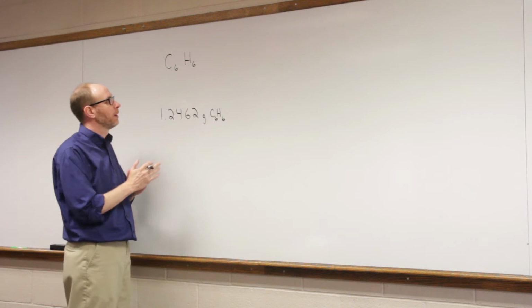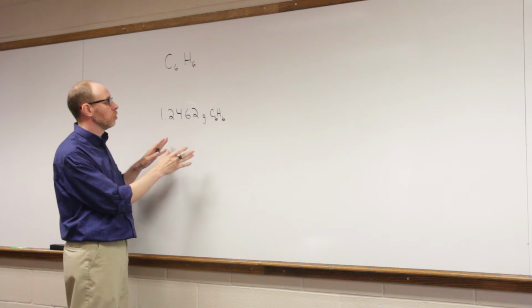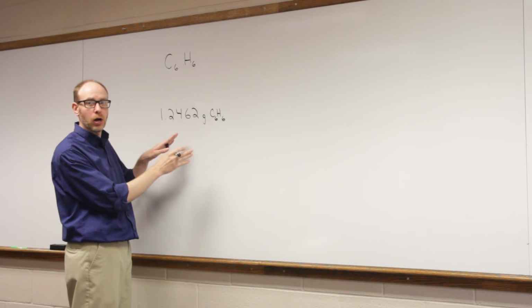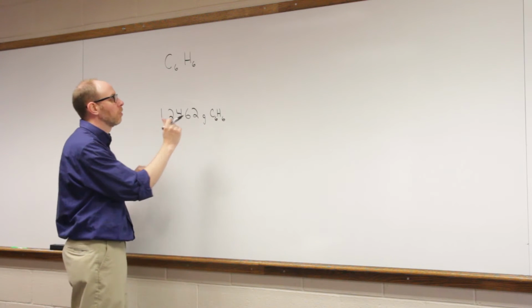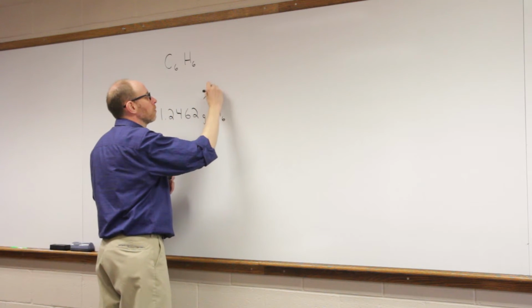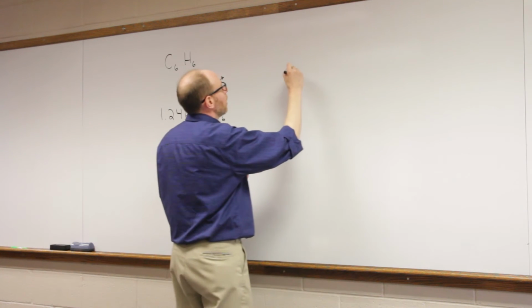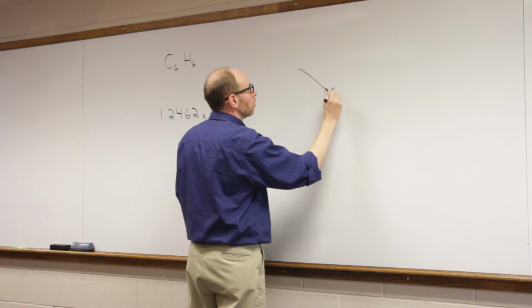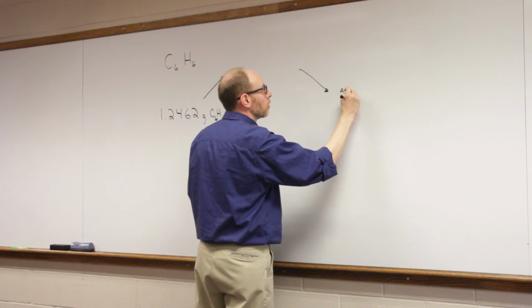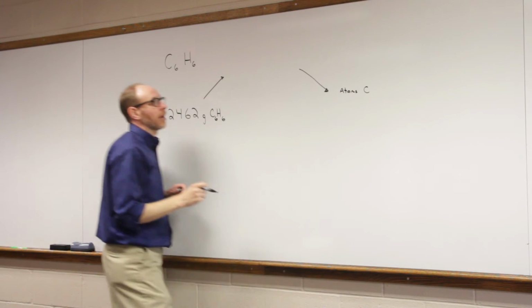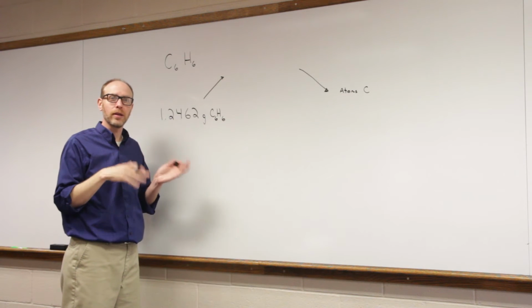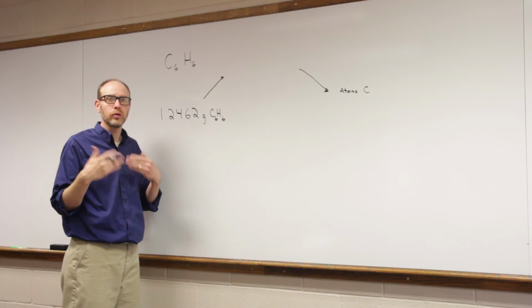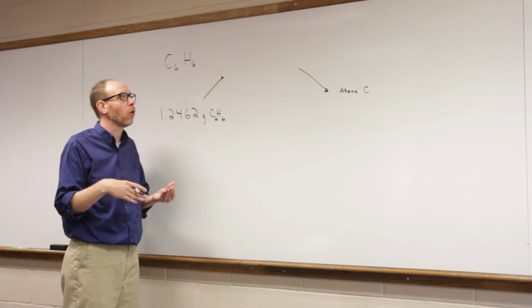So we can account for a large number of things by using a relatively small number of moles. And so what we want to do is end up with atoms of carbon that are in this number of grams of benzene. So we want to go from grams, and we want to end up at the end with carbon atoms. Now, we know the definition of a mole is 6.022 times 10 to the 23rd things in a mole.